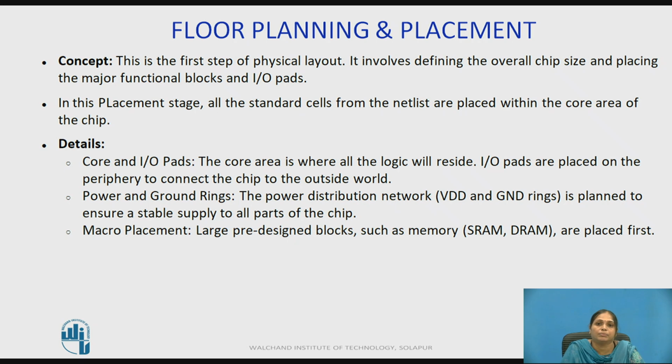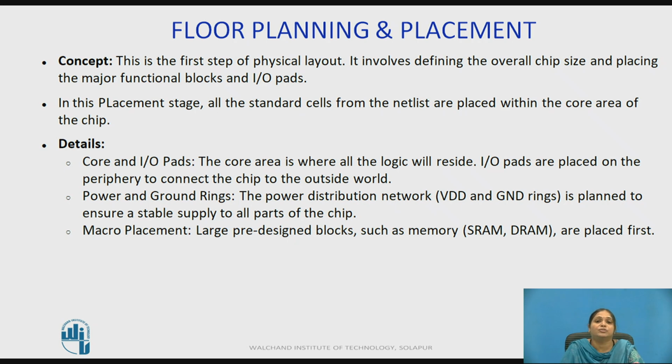Floor planning and placement also play a very important role in the ASIC design flow. The first step of physical layout is floor planning. It involves defining the overall chip size and placing the major functional blocks and input output pads. In the placement stage, all the standard cells from the netlist are placed within the core area of the chip.